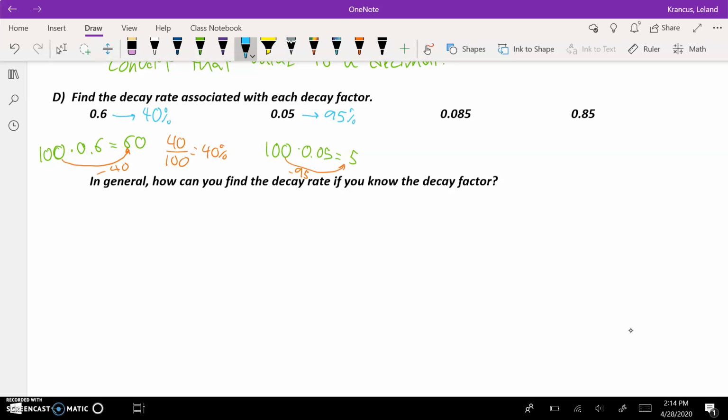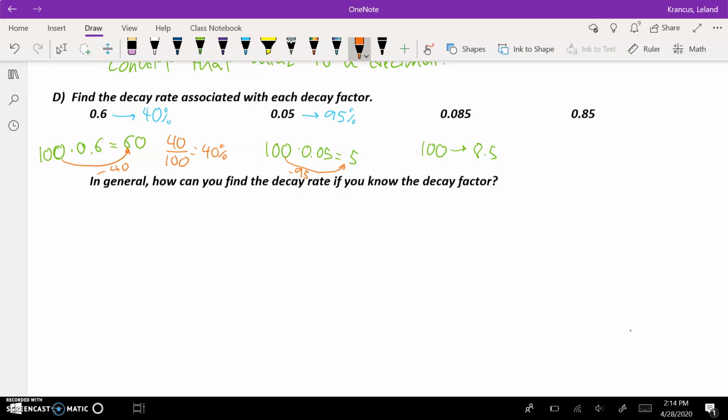Likewise with this one, if my $100 is multiplied by 0.085, my $100 becomes $8.50.